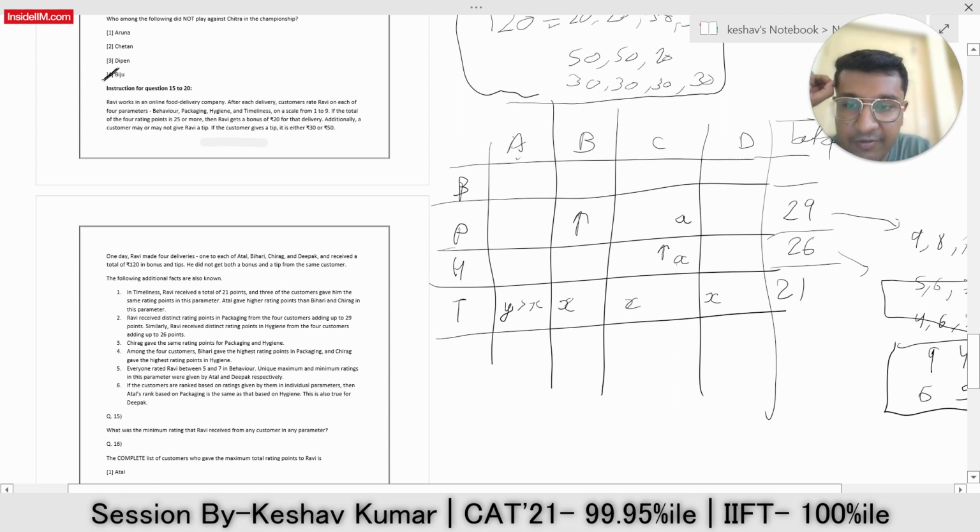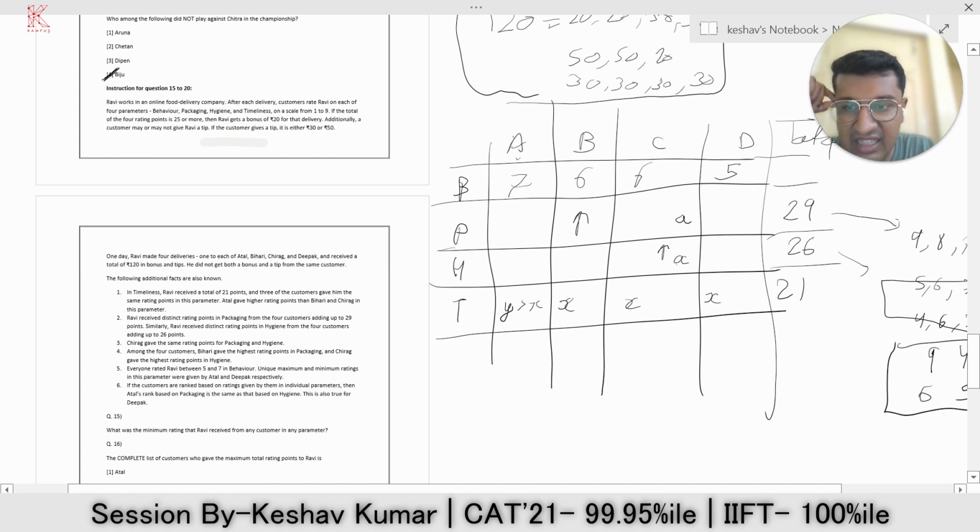Everyone rated Ravi between 5 and 7 in behavior. Unique maximum and minimum ratings in this parameter were given by Atal and Deepak respectively. So the unique maximum was given by Atal, which is 7, and the unique minimum was by D, which is 5. And the other two must be 6 and 6.